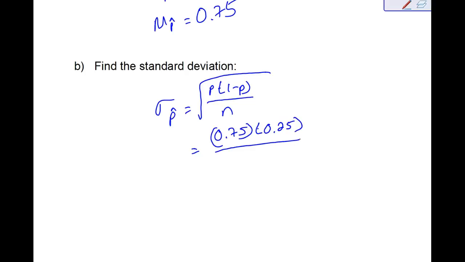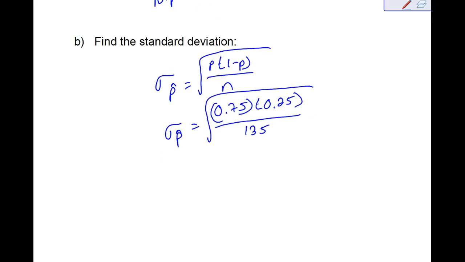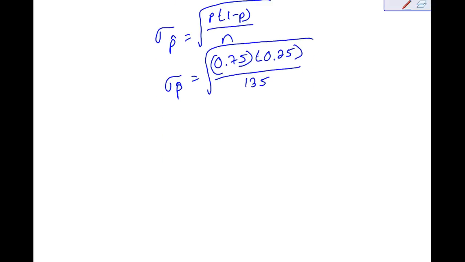Our n, which is the number that we're looking at, is going to be 135, and we take the square root of that. And now I'm going to write down the numbers, how I would multiply and divide them out. This way you can see if you're doing it correctly.